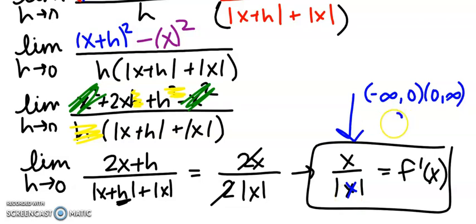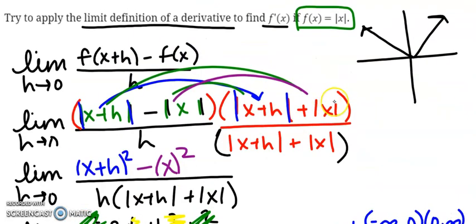That means f prime, my derivative, exists on this interval and this interval only. Another way of thinking about that is I have a problem on my derivative when x is 0. Well, let's go back and look at our original function. Our original function was the absolute value of x, and I'm finding that I have a slope problem at 0.